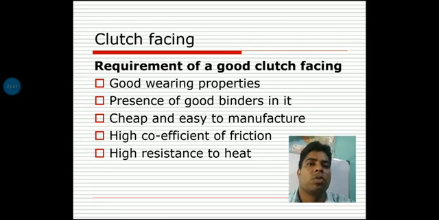Next, high coefficient of friction. Obviously, clutch material should have a high coefficient of friction. Otherwise, it cannot transmit more torque than the other designs like cone and centrifugal clutch.